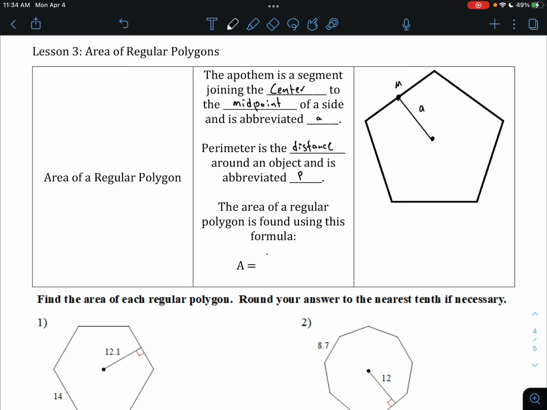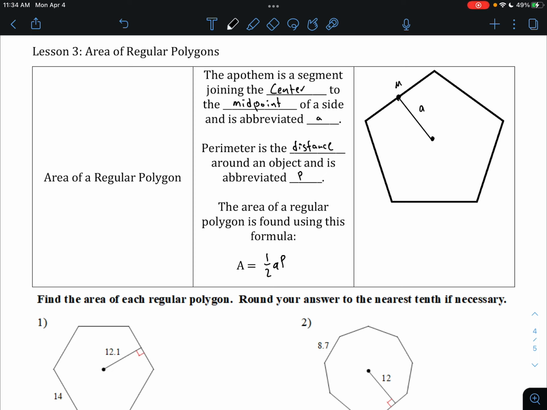Area equals 1/2 a times P. So all we're doing is we're multiplying these two numbers, and we're cutting it in half, and that will give us our total area.